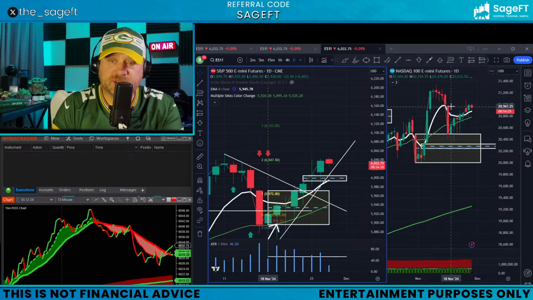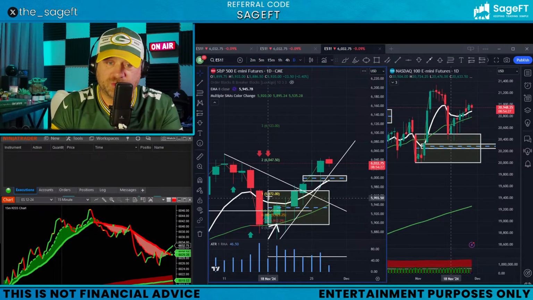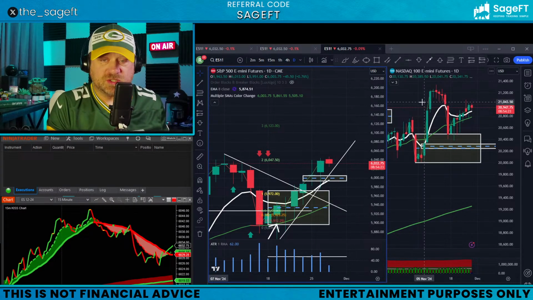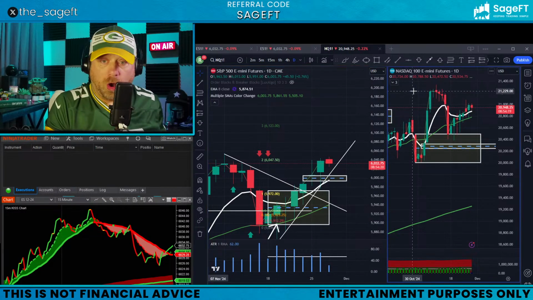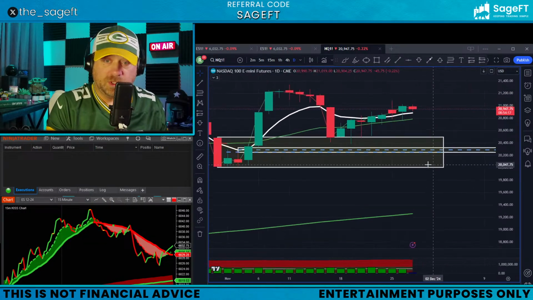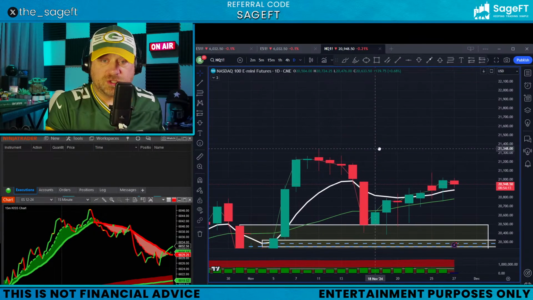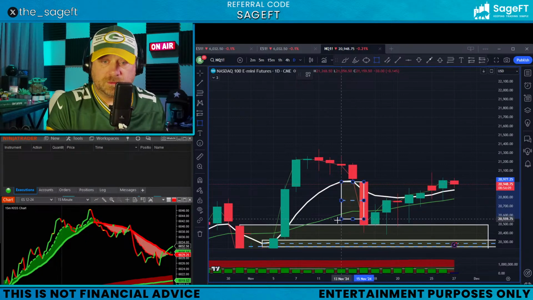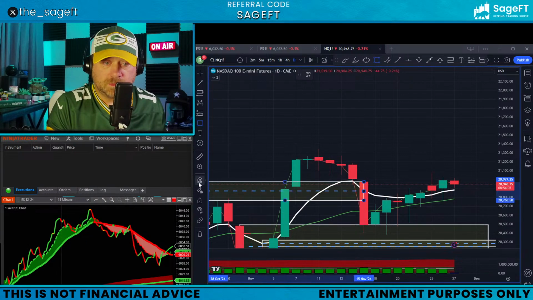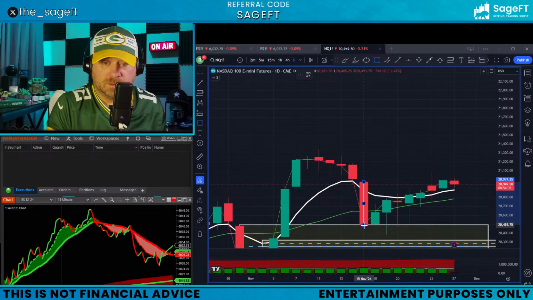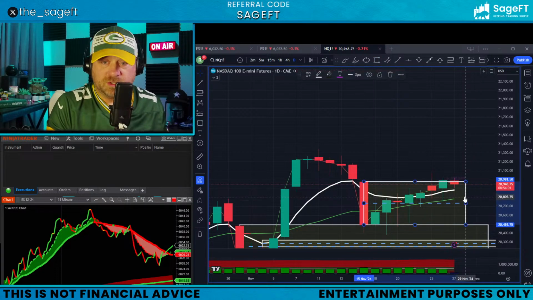It's got more legs, right? Because if we were to draw the same thing on the ES that we had on the NQ, look at what it would look like. Let's just draw it out and I'll show you. All right, so where's the removal? Okay, here's the removal.